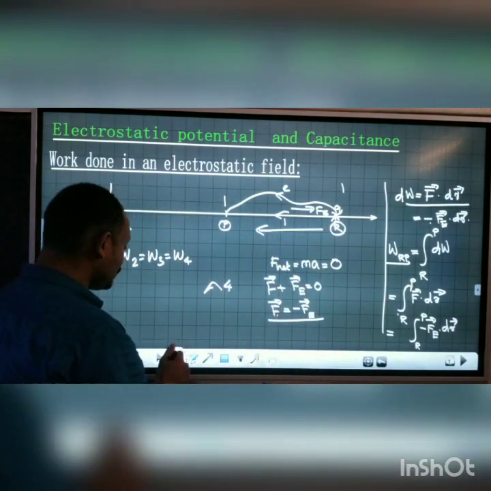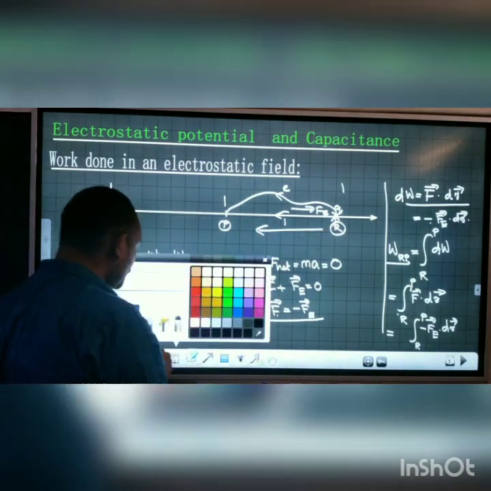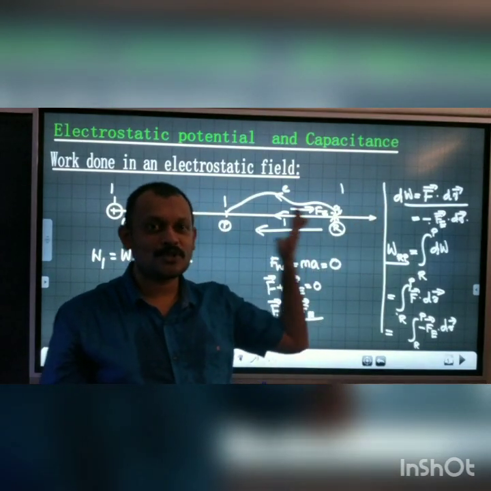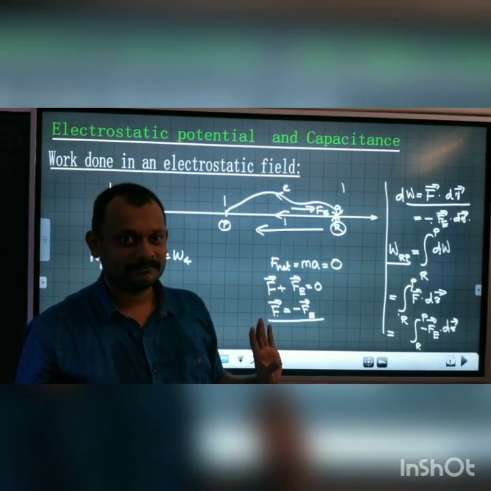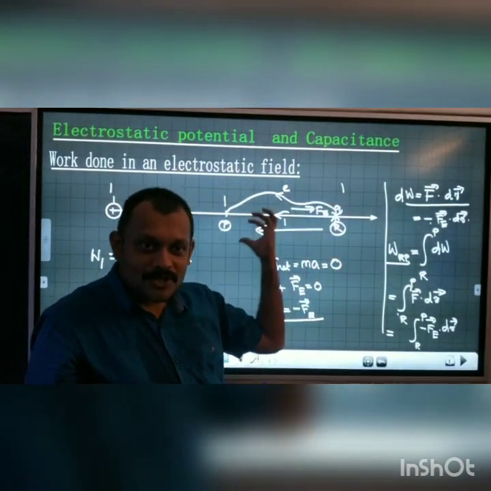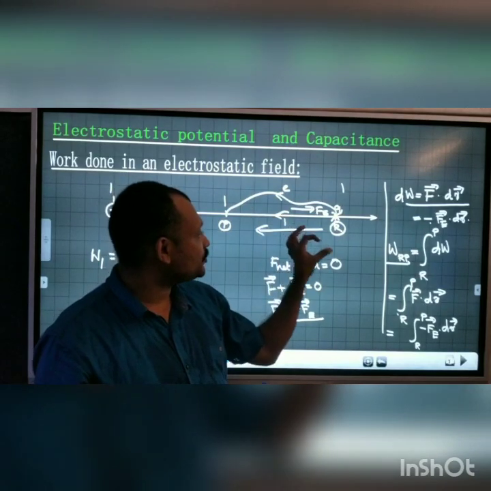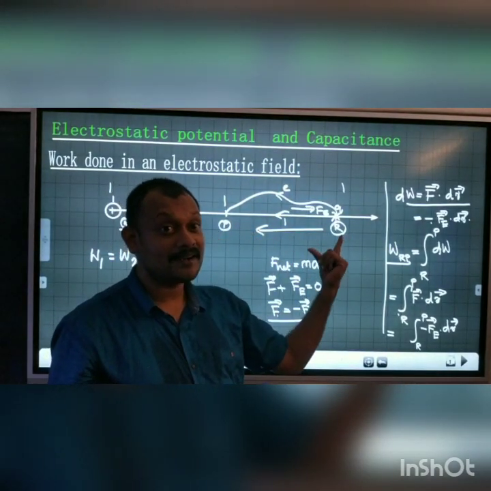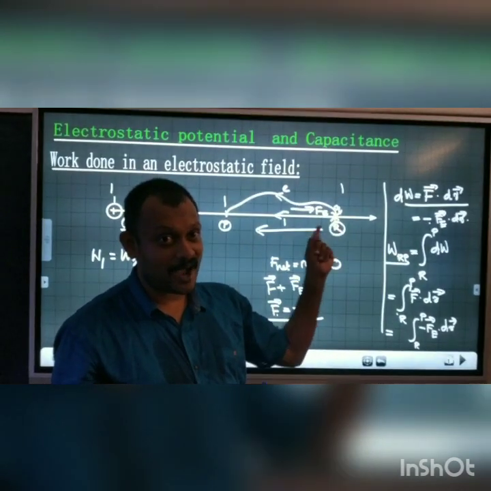Displacement is in this direction. So what is your inference? Is work done in the direction of the field or opposite to the direction of the field? The answer is very simple. Work is done opposite to the direction of the field. So that means the potential energy at P will be greater than the potential energy of the charge at R.